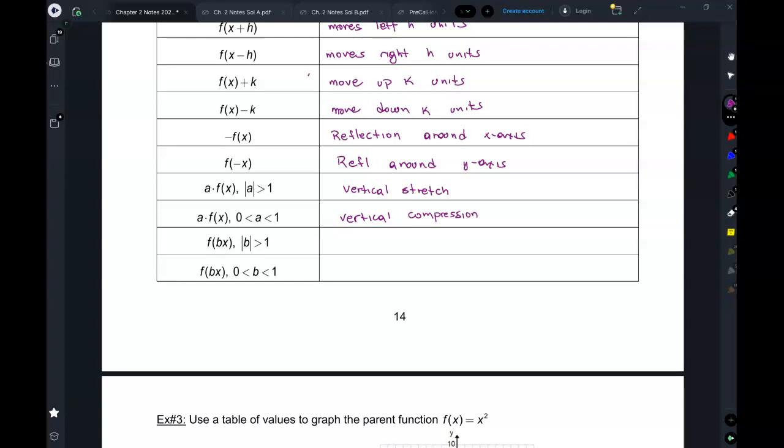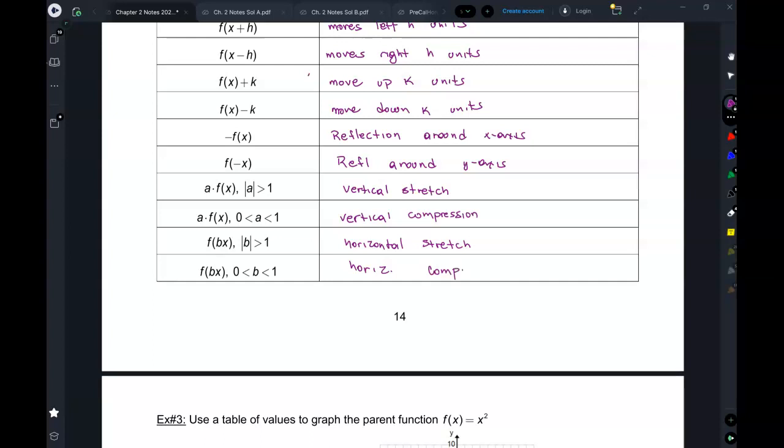If it's happening to the x, what kind of stretch or compression is it? It's horizontal. A horizontal stretch, good. Now we're laying the framework. Later on, when we get to quadratic, cubic, and rational functions, these will seem more and more obvious, but we have to lay the groundwork right now. So it's a horizontal stretch, and this one is a horizontal compression.